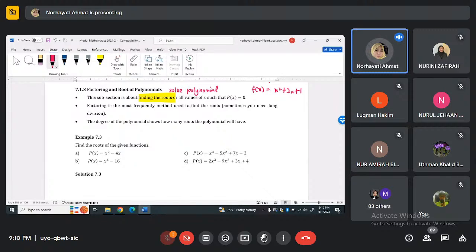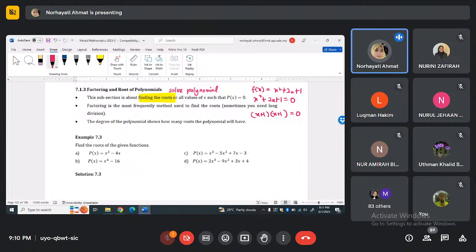So we need to let this f(x) equals to 0. So we have x squared plus 2x plus 1 equals to 0. So then we factorize this left hand side. Betul tak? Kita factorize. So dapat (x + 1)(x + 1). Okay? So we do the same thing to find the root of polynomial.